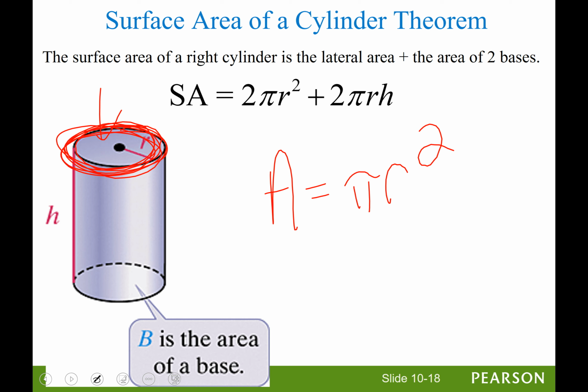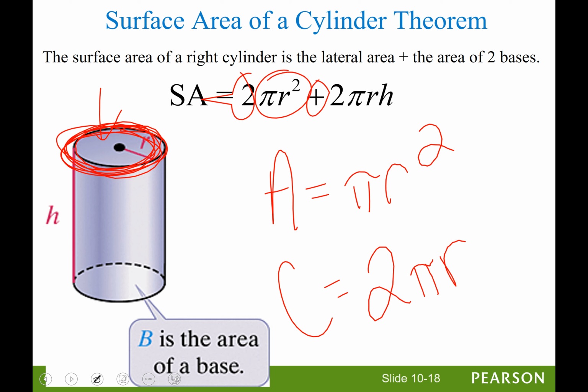It's called the circumference. And circumference, you guys know, is 2 pi r. Since our surface area is dependent on 2 capital B's plus capital P times lowercase h, it's the same here. That's 2 capital B's, plus 2 pi r, that's our capital P, and then lowercase h. So it's the same thing, it's just involving pi because our bases are circles.